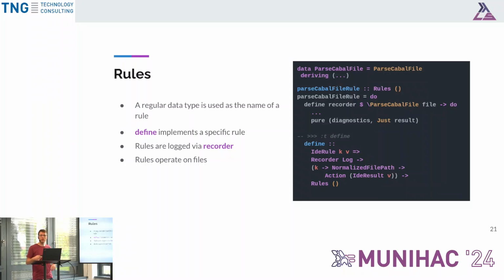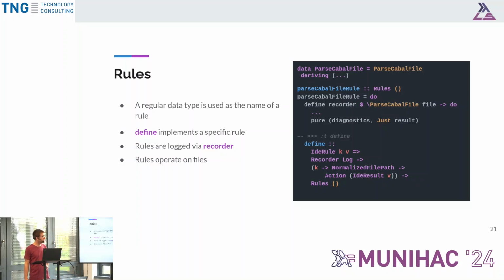And at the end, when all is done, we return two things. First, we return a tuple. In this tuple, the left element is the diagnostics: things that we have found and want to inform the user about while executing this rule. For example, when we parse the cabal file, we realize this name is not actually known, and we report a warning to the user, or something similar.